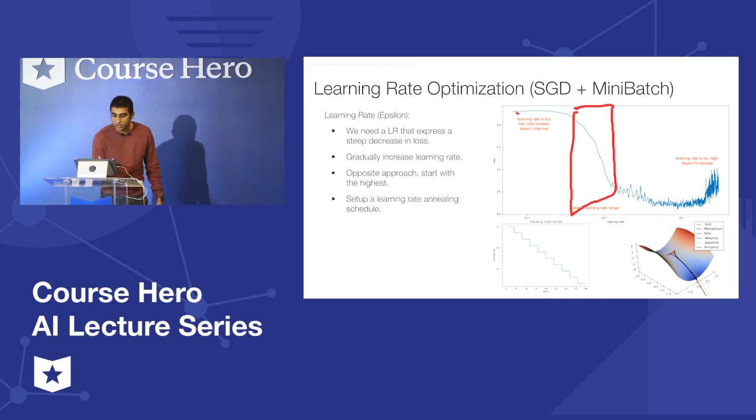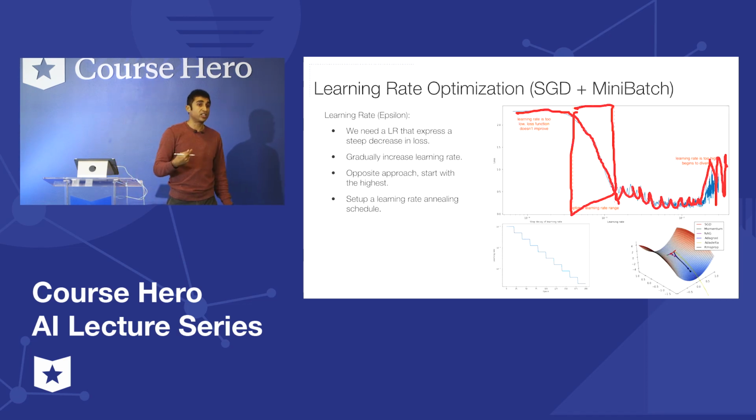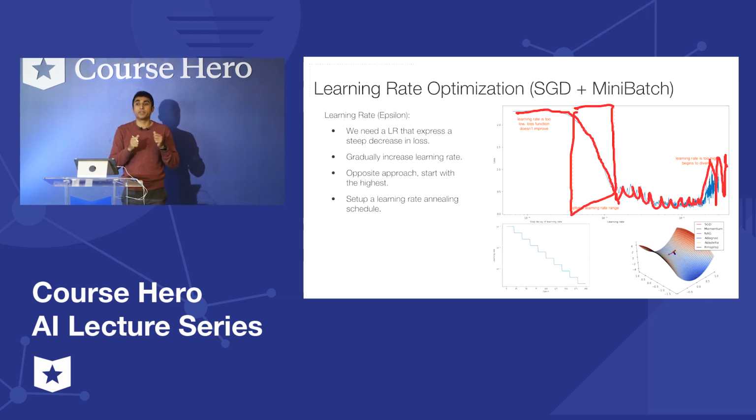As long as the learning rate you've set is expressing that steepest decrease, you say, okay, that's a good learning rate. You want to keep it. But as soon as you start seeing this oscillation and when it starts bumping, that's really fast. That learning rate is increasing the velocity of your learning so fast that it's just bouncing off, it's oscillating. Then you want to scale back the learning rate.